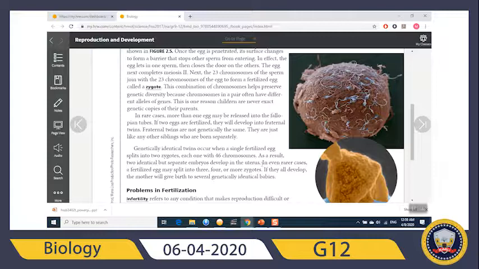So now we have cases, like rare cases, something called identical twins and fraternal twins.